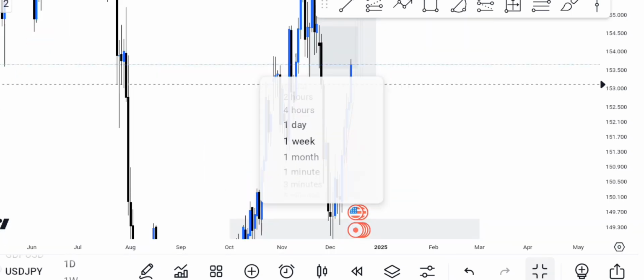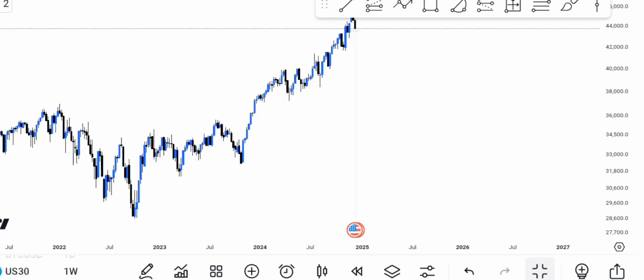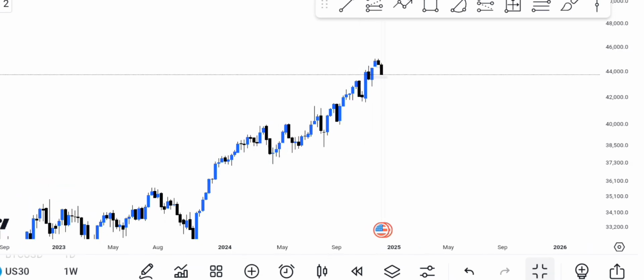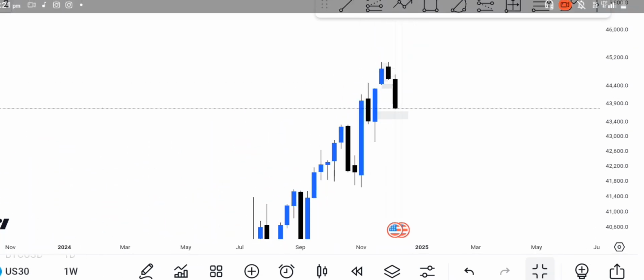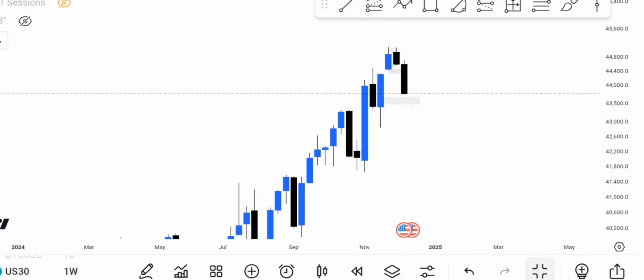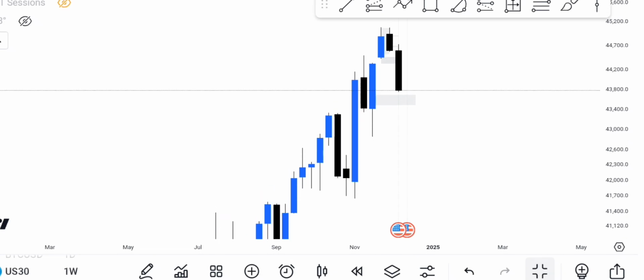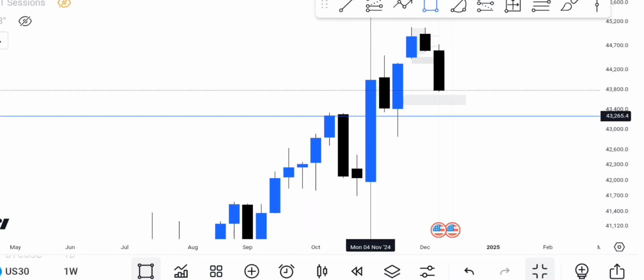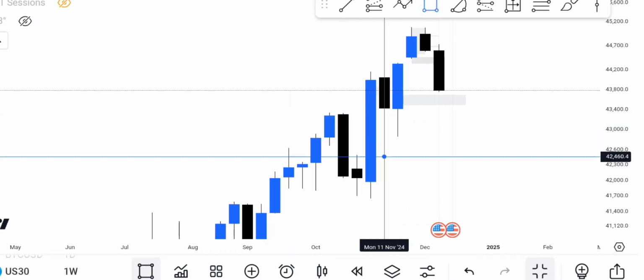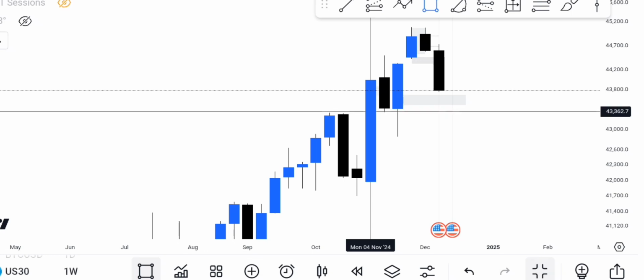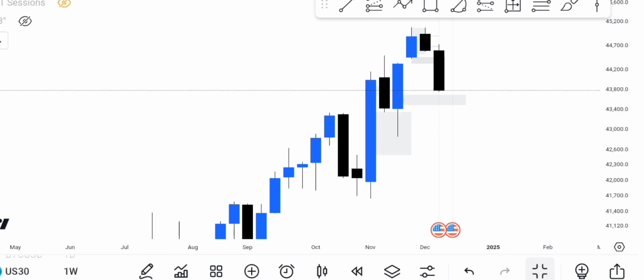Let's move on to another pair. On US30, we can see this also works. We can say here is our weekly fair value gap, and price tapped this, and what will be our draw on liquidity?